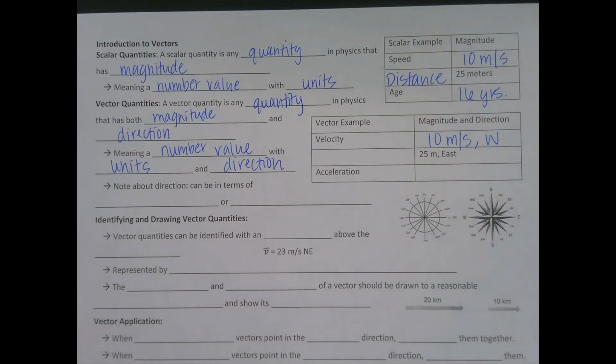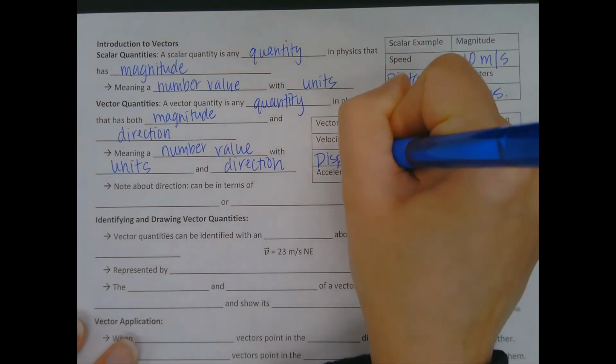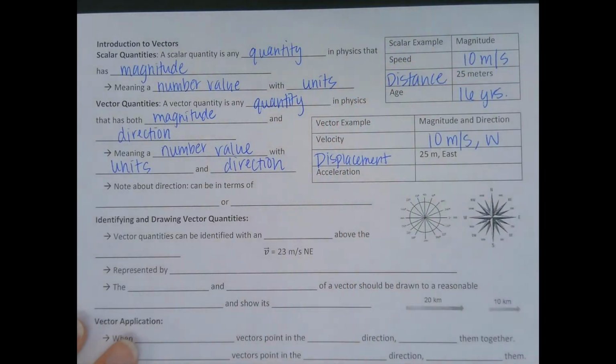Okay, so 10 meters per second west is now a velocity. It is a vector quantity. I have a number, a unit, and a direction. Okay, before I had 25 meters as a distance. Well, now if I say 25 meters east, this is a displacement. And a displacement is a vector quantity.